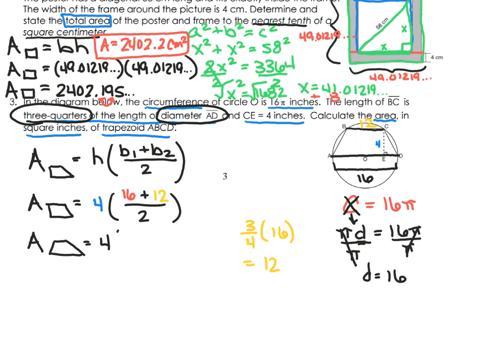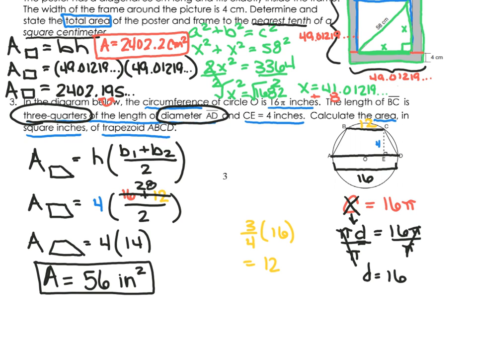Okay, so the 4 is going to stay. 16 plus 12. Okay, up on top here is 28, and 28 divided by 2 is 14. And so now we just have 4 times 14, and we end up with an area of 56. And we are in inches, and because it's area, would be inches squared. And this problem's finished. Okay, very good. I'll see you guys on the back side of notes.